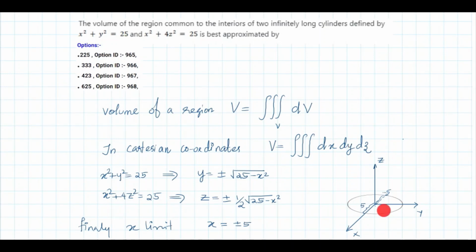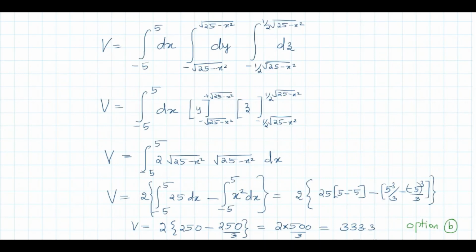That is x square plus y square equal to 25. X square plus 4z square equal to 25 is actually a cylinder whose axis is y and whose base is in the xz plane. Again, at z equal to 0, its x value is plus 5 and minus 5. Okay, so the limits of x should be minus 5 to plus 5.